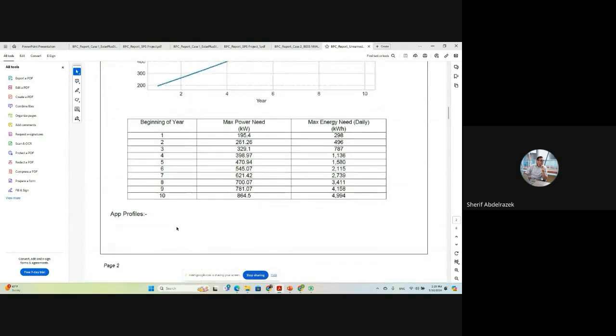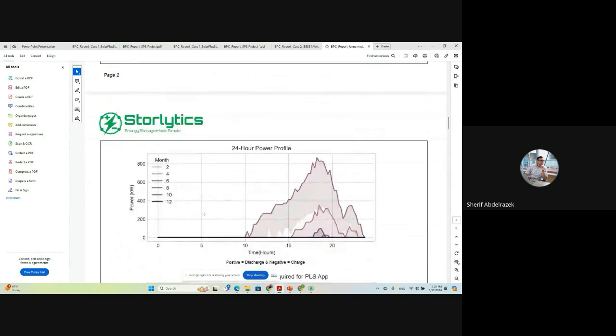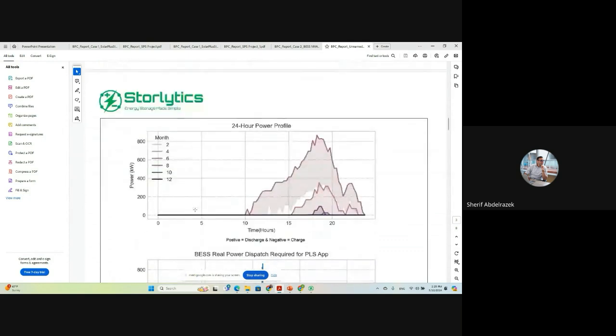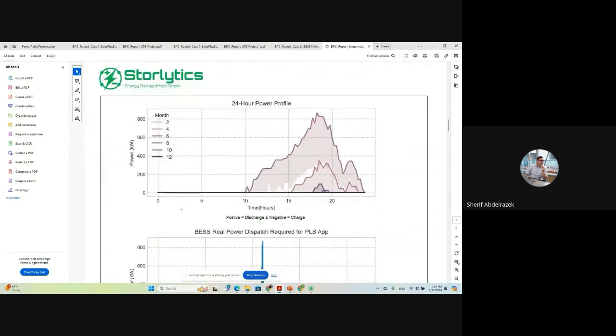So that's for peak load shaving, which is based on a non-wires alternative solution to defer upgrading the substation transformer, right? So now let's shift here. This is the 24-hour profile for that function. We can see we're mostly needing to shave that feeder peak between 10 a.m. to the end of the day.